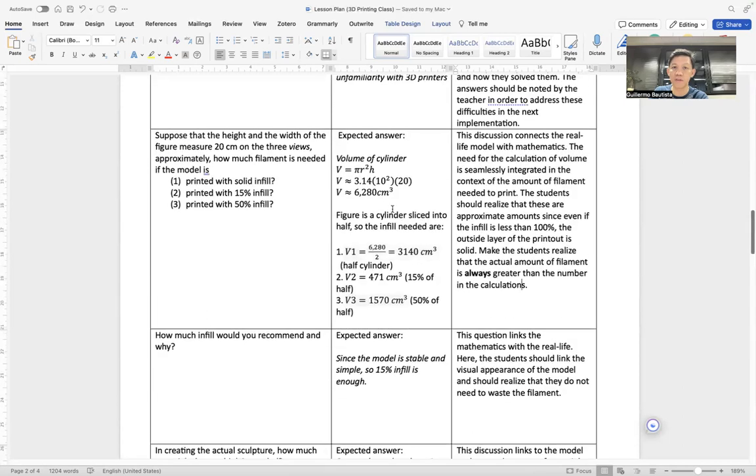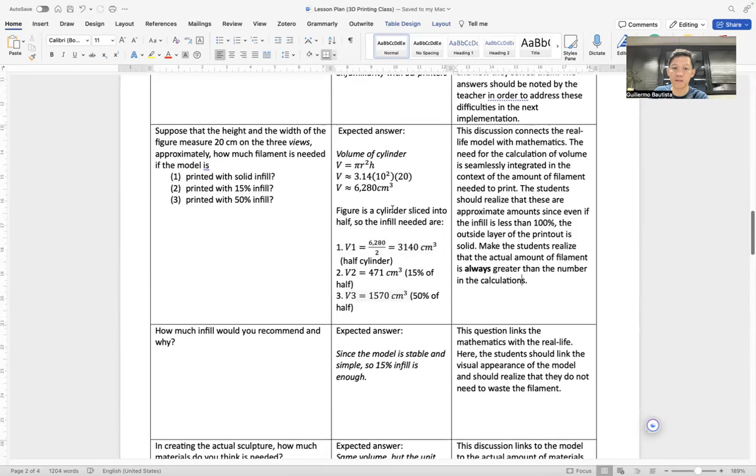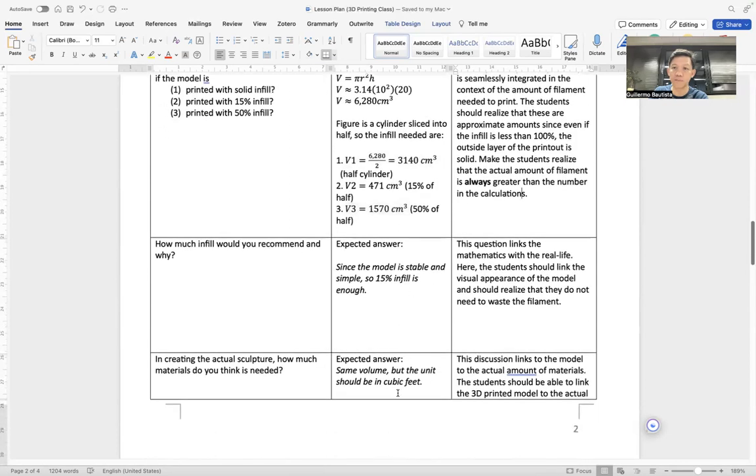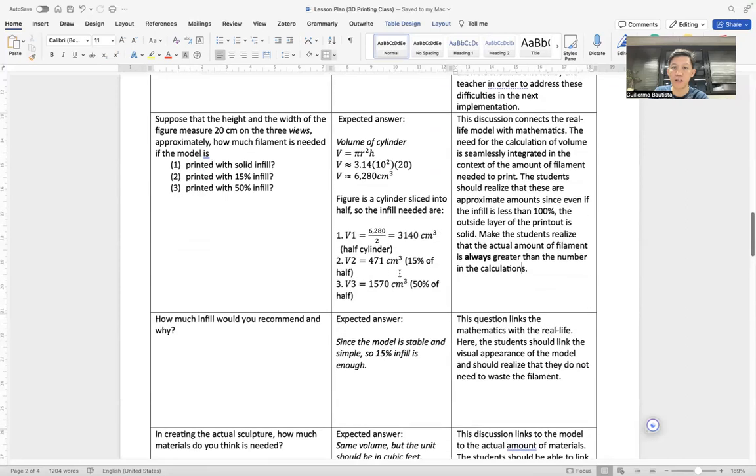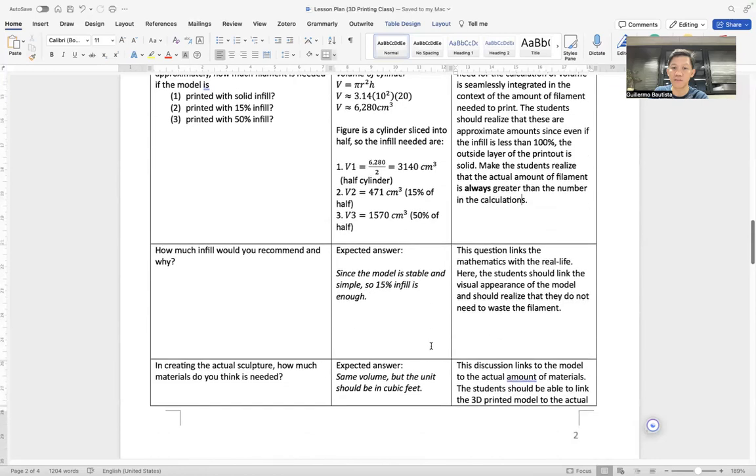It's 20 centimeters, and the actual sculpture is also 20 feet. So they just have to change the unit. All the calculations will be the same.